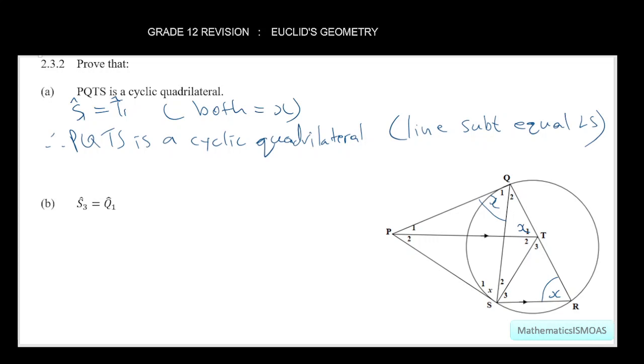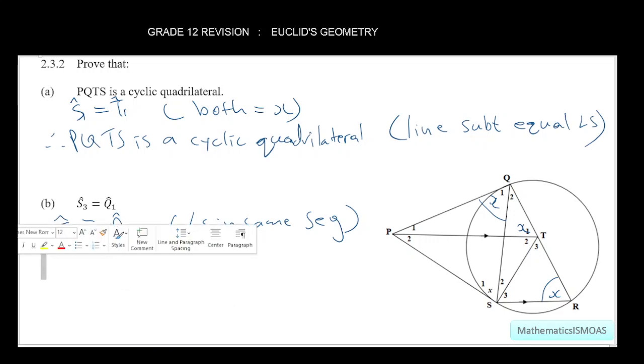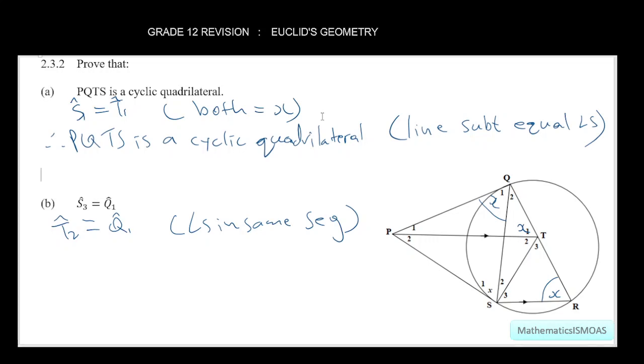So we can start first by saying angle T2 is equal to angle Q1. Reason? Angles in the same segment. The two angles are subtended by chord PS, or we can now say arc PS, since PQTS is now a cyclic quadrilateral.